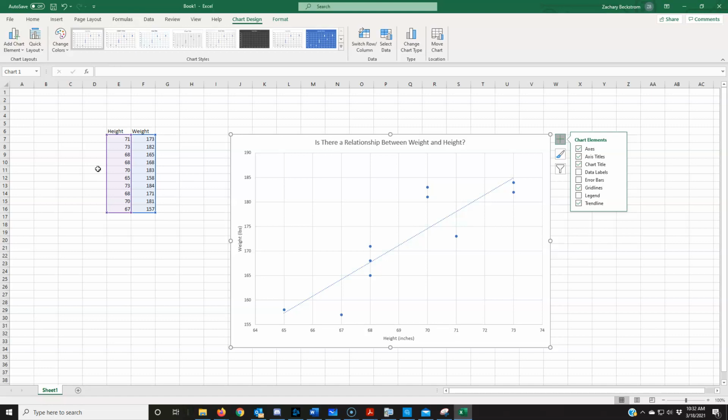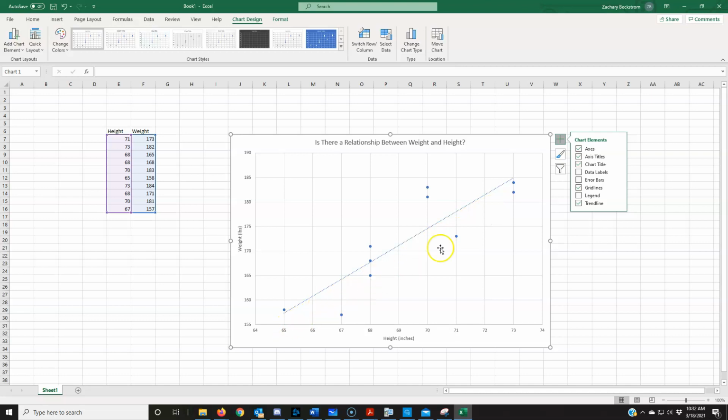We're absolutely going to be able to find a male that's 5'6" that weighs more than a male that's 6'1". But if we're looking at the average male that's 5'6", we certainly expect that average male to weigh less than the average male who is 6'1". And we can see that through these lines of best fit, or trend lines here.